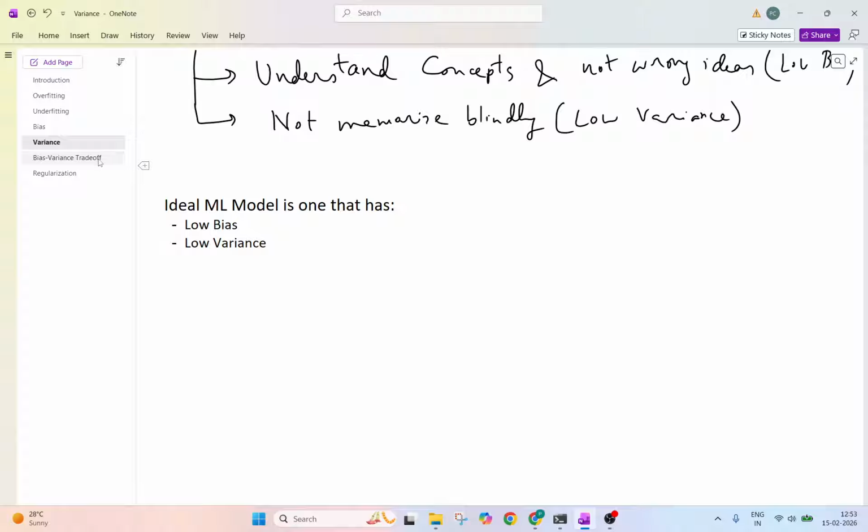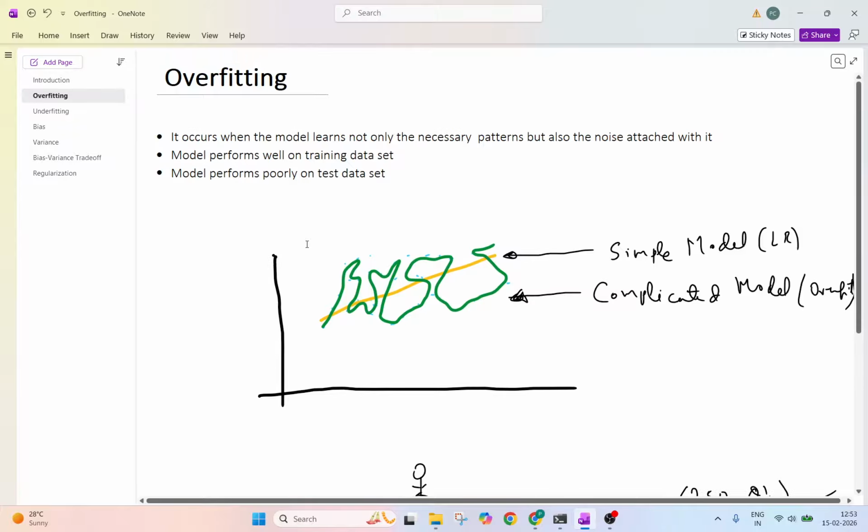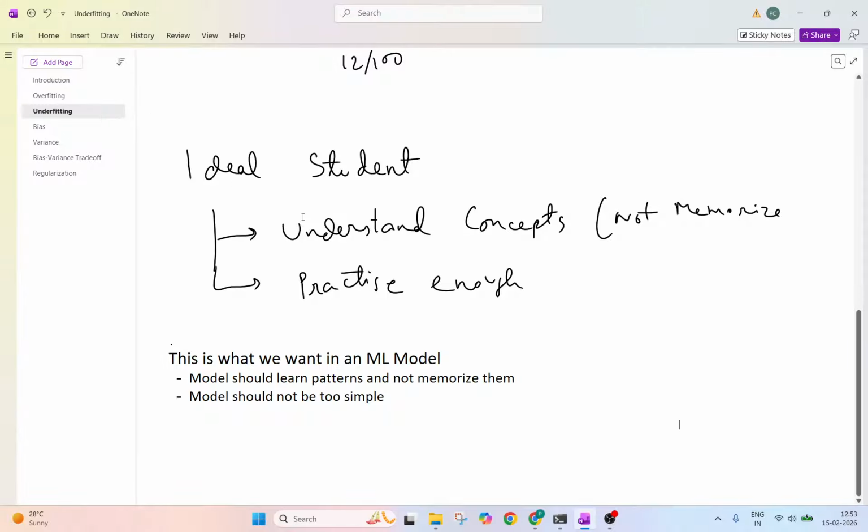But before coming to the bias-variance trade-off, let's quickly revise what we understood. First, overfitting occurs when the model learns not only the necessary patterns, but also the noise attached with it. Therefore, the model performs well on the training data set and poorly on the testing data set. What is underfitting?